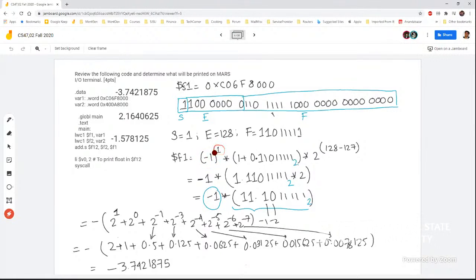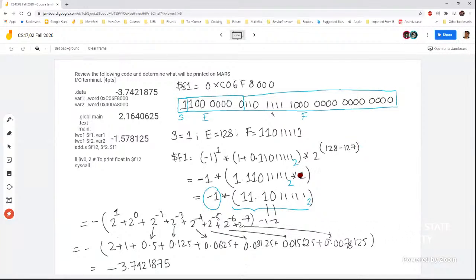So this is the s. If it was 0, it would be -1 to the power 0. Now it is -1 to the power 1, which is -1, multiplied by 1 point this fraction bit pattern, multiplied by 2 to the power of the exponent minus the constant bias, which is 127.